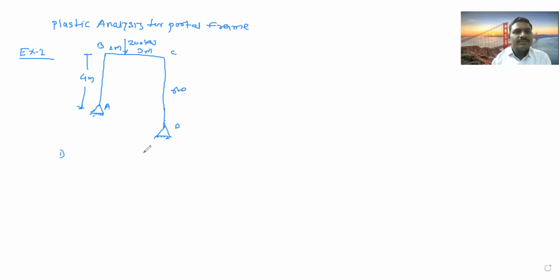So here, number 1, have you drawn this? Yes, sir. This is the portal frame. Now we have to calculate first the degree of static indeterminacy.